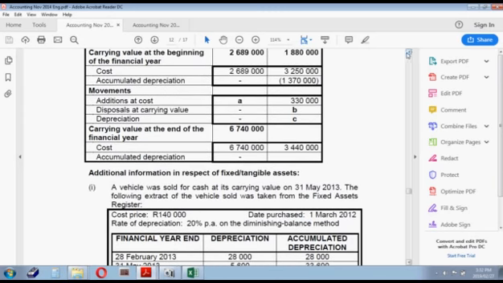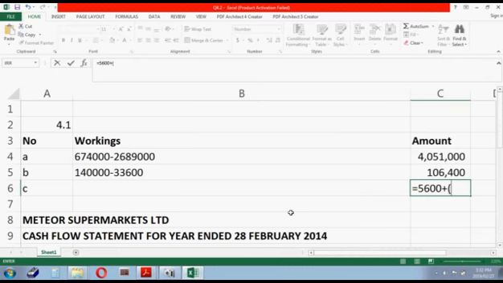So we will have to reduce the cost price that we have at the beginning of the year by the cost price of the vehicle that we got rid of. So we had 3,250,000 at the beginning of the year. Let's exclude the 140,000. I'm just going to put that in brackets. That's the cost price portion.